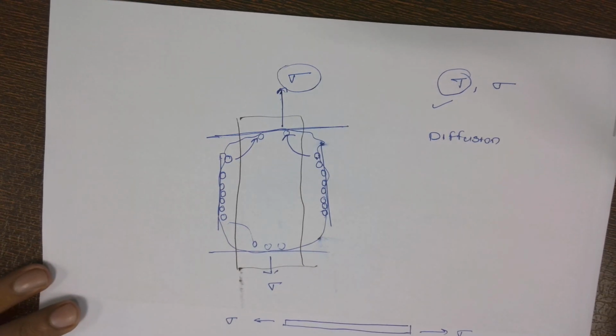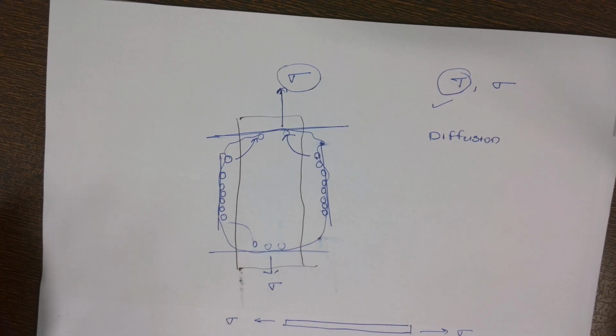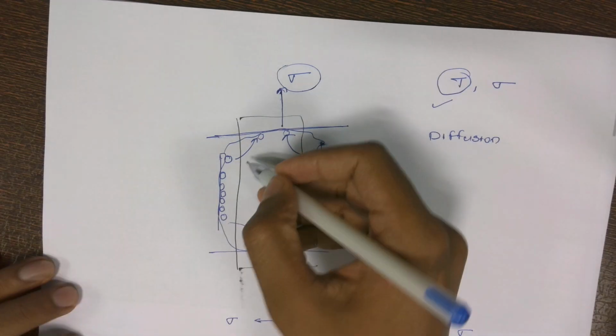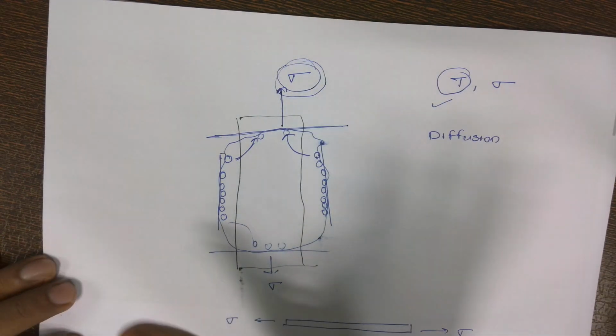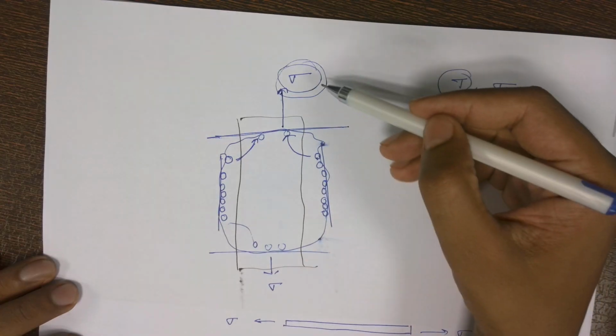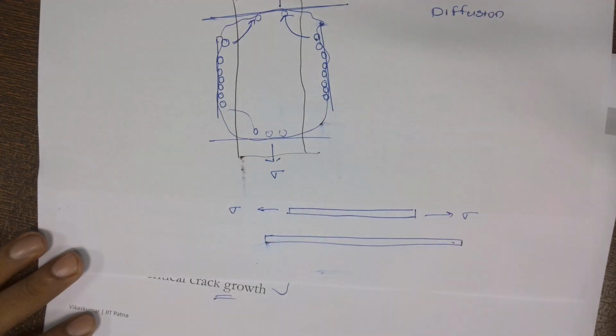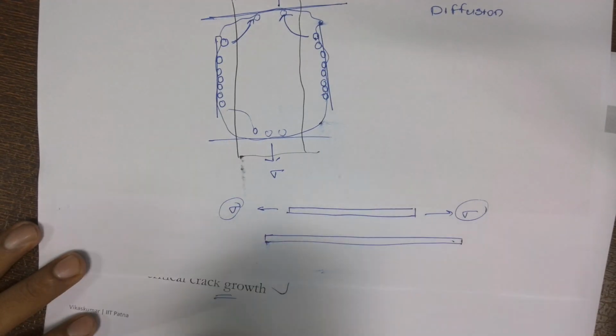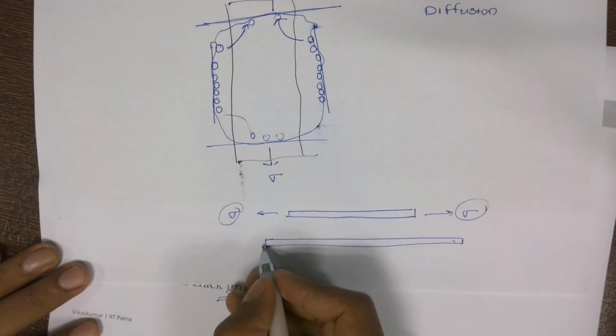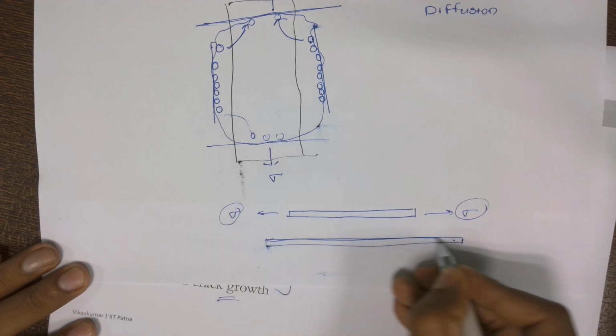Why specific to the perpendicular direction? See, we are not very specific about the perpendicular. What I'm telling is that it will go along this particular direction in which the stress is applied. So it will go along the stress. For example, here also, when we try to elongate it and apply the stress, what happened? It flows along this particular thing.